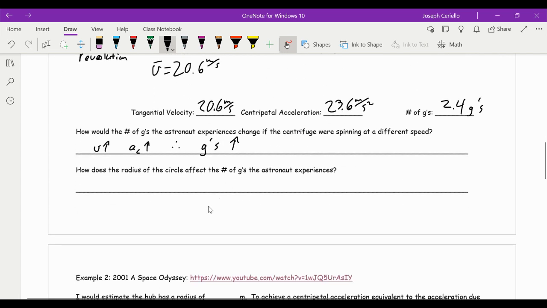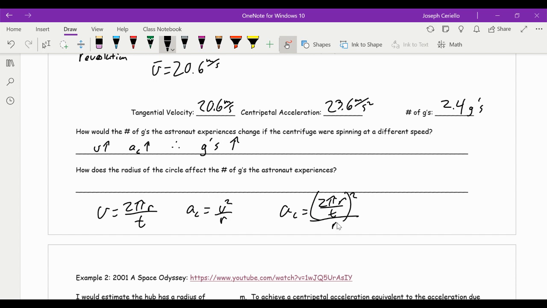This is going to look complicated, but it's not too bad. So we have the equation v equals 2 pi r over T. And we have the equation that a_c equals v squared over r. So what I'm going to do is take v and plug it into v squared. So what I have is a_c equals, this is going to look complicated for a minute, 2 pi r over T, that whole thing is squared because that is v, right?